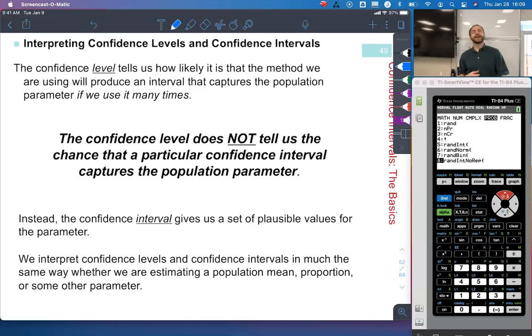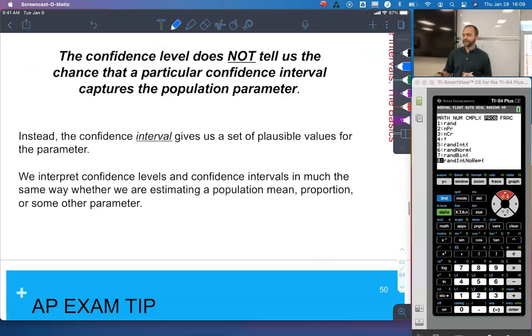Instead, the confidence interval gives us a set of plausible values for the parameter. Not possible, plausible. We interpret confidence intervals in much the same way, whether we're estimating a mean or proportion or any other parameter. So population mean and population proportion, we do interpret confidence levels and confidence intervals the same way no matter which one we are finding.